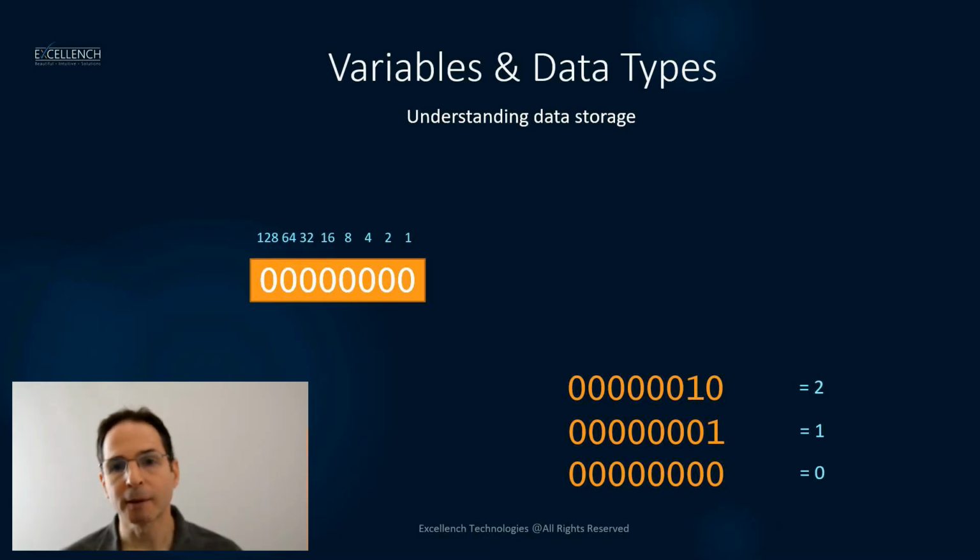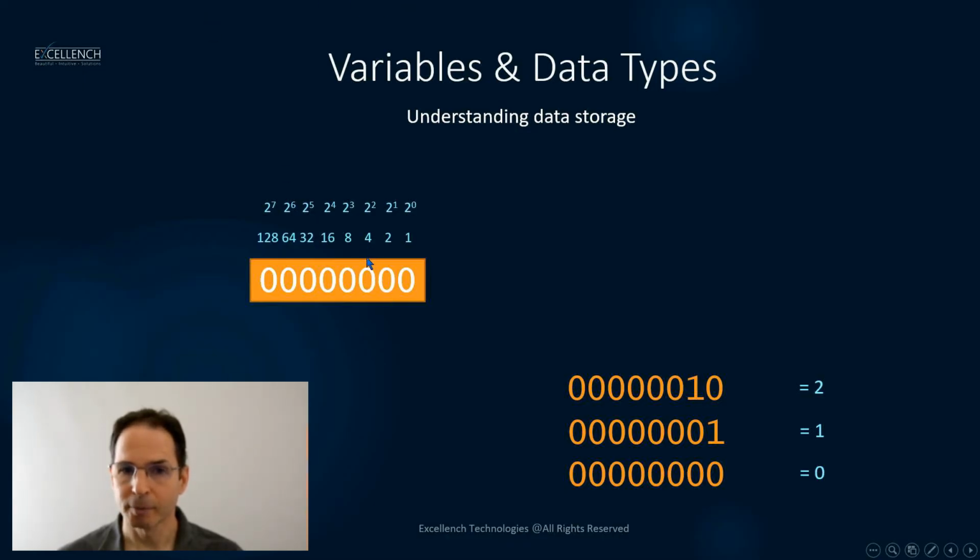Actually, since each bit has only 2 options, this pattern is achieved by taking the power of 2. So 2 to the power of 0 gives us 1, 2 to the power of 1 gives us 2, 2 to the power of 2 gives us 4, etc. We can say that up to the third position, if we only look at the first 2 bits on the right, we have 2 by 2 possible combinations of these 2 bits.